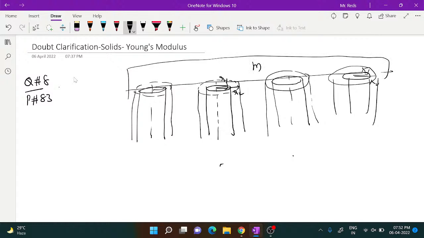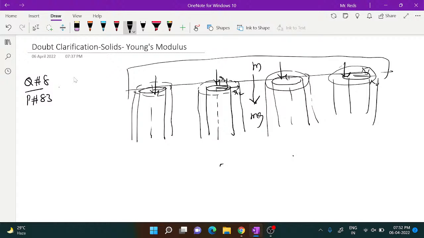Now what happens is, because the mass is distributed equally, the force is acting equally. The gravitational force acts downwards. So this force acts on this and this and this and this. Now because of this, these rods will undergo compression.